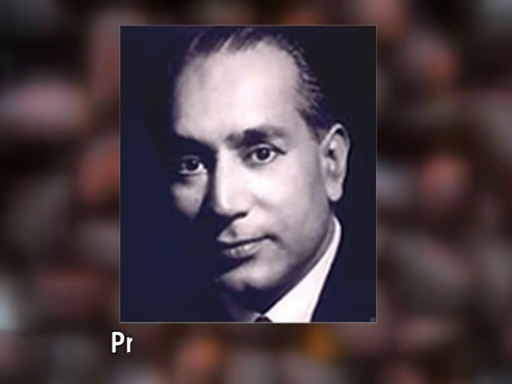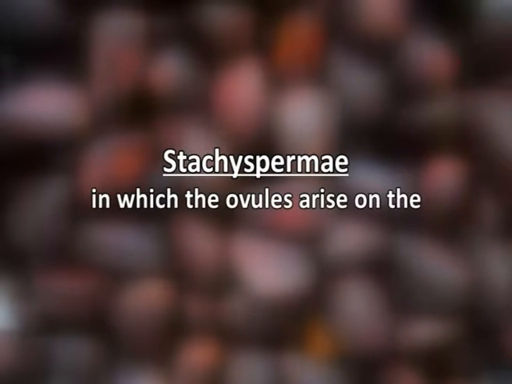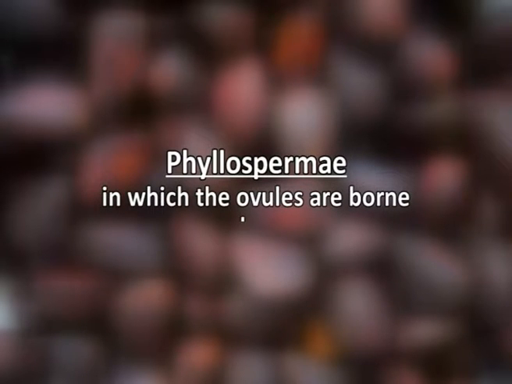Professor Birbal Sahni in 1920 classified gymnosperms into 2 divisions, depending upon the axial or foliar origin of the ovules. These divisions are: 1. Stachyospermae, in which the ovules arise on the axial organs. And division 2, Phyllospermae. These are the gymnosperms in which the ovules are borne on leaves.